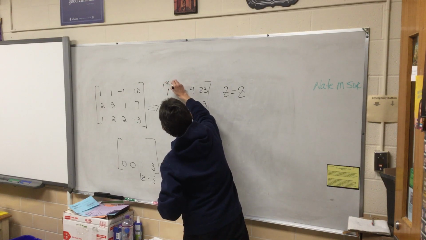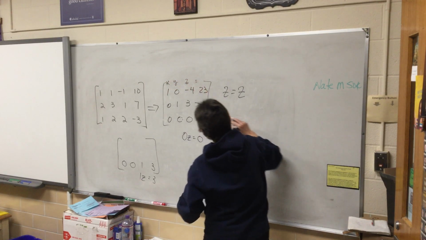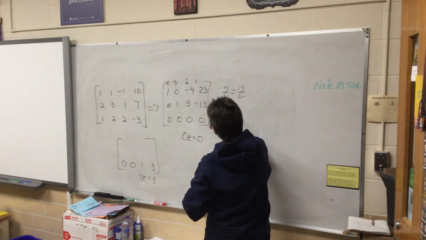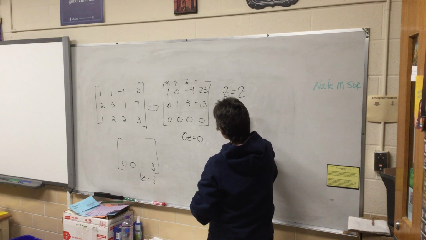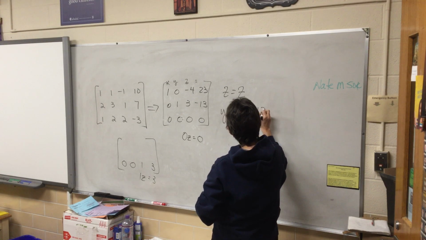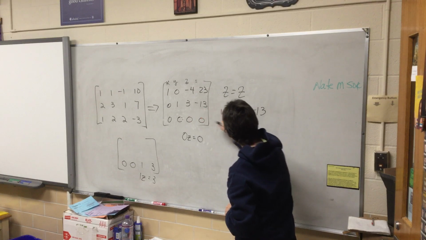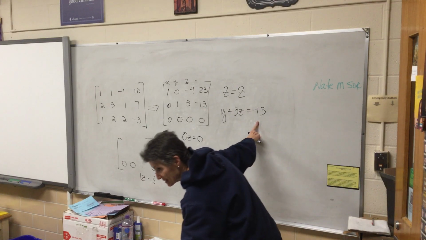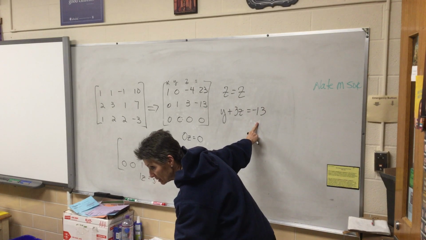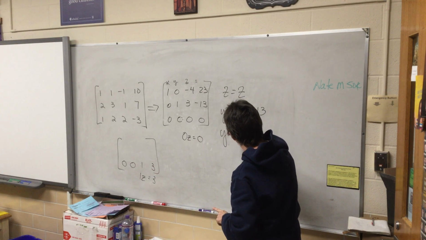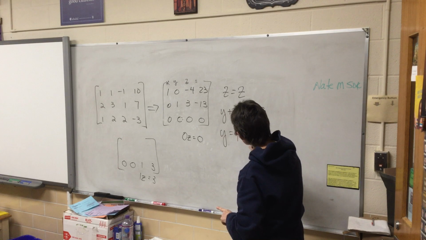Remember, your columns are x, y, z, and equals. So this middle equation says y plus 3z equals negative 13. Does that make sense to everybody? Which means y equals negative 13 minus 3z.